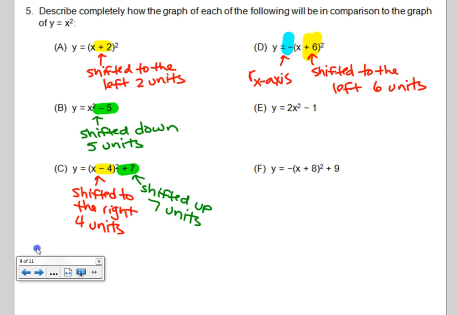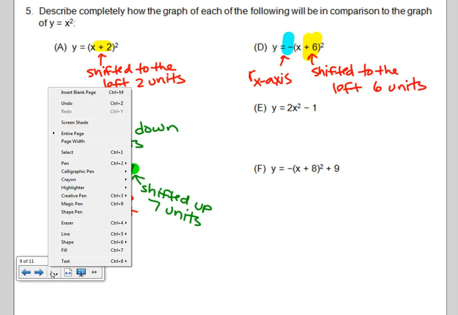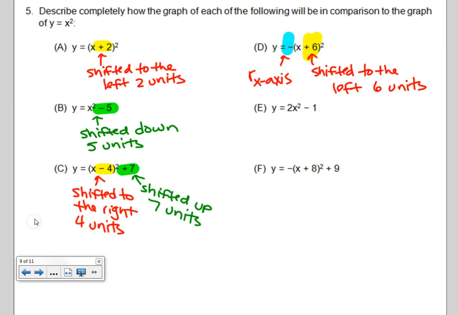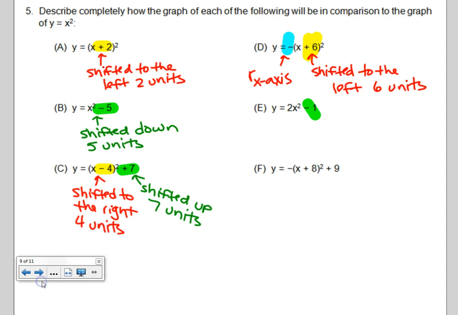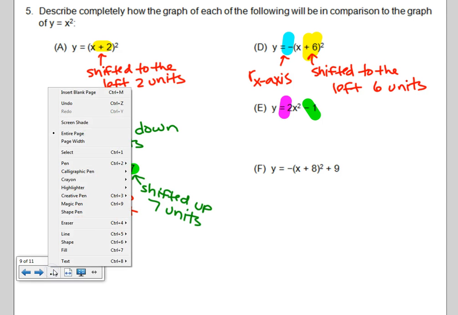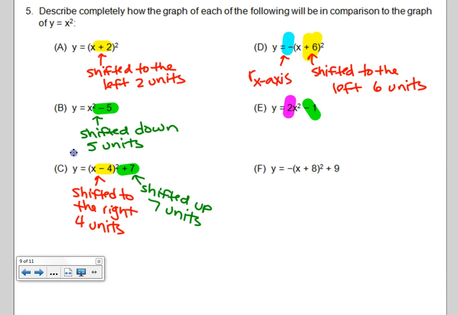All right, on letter E, again, anything that's not just an x squared is a change. So on this problem, we have the -1 at the end, and then we also have a factor of 2. Okay, so this factor of 2, when it's multiplied, it means that you're making it go twice as fast, so it's going to get skinnier.